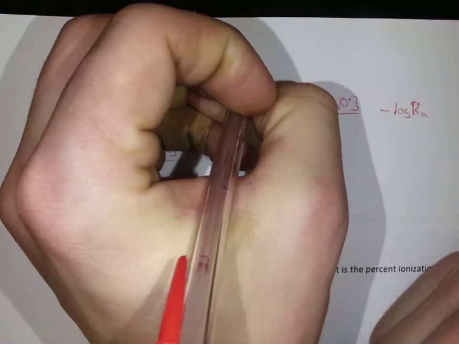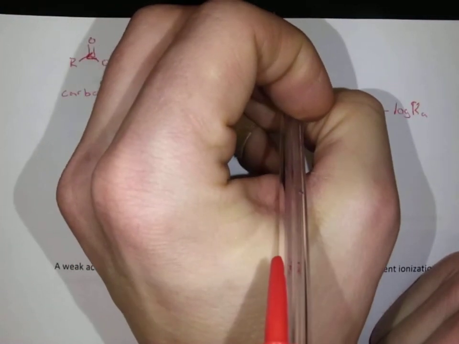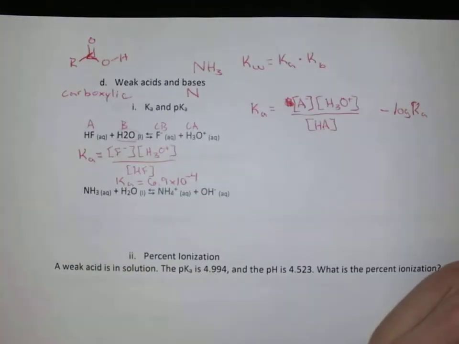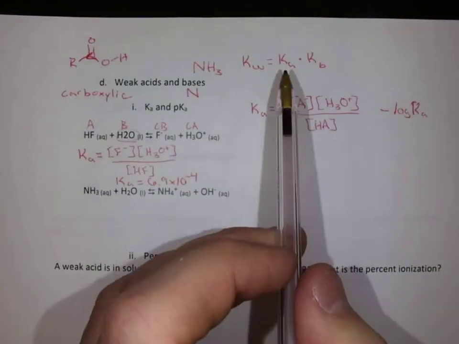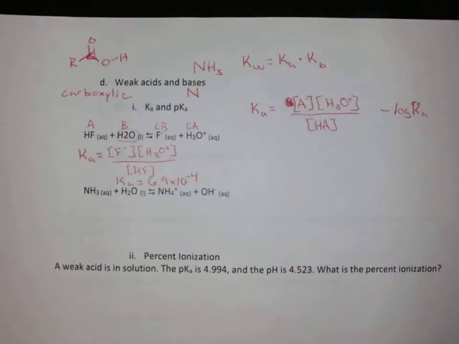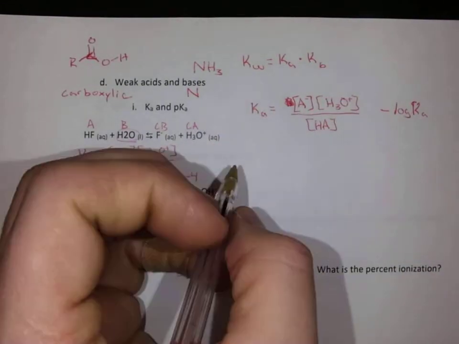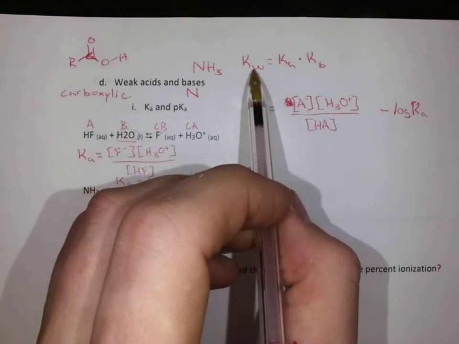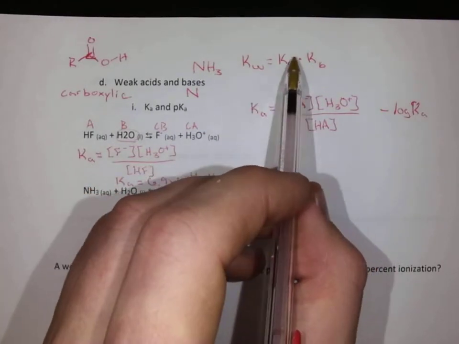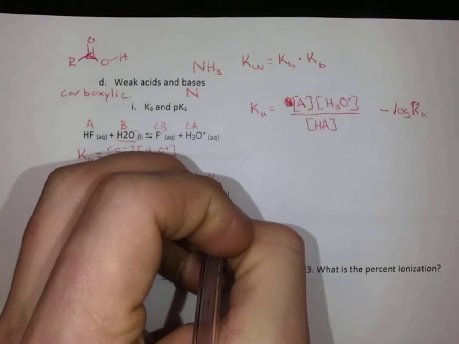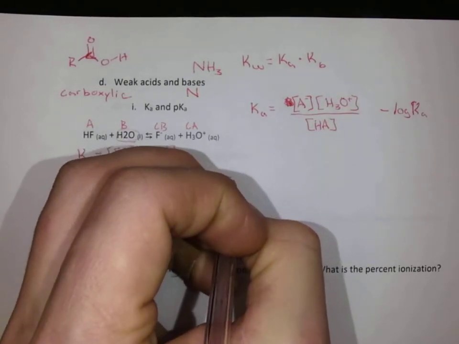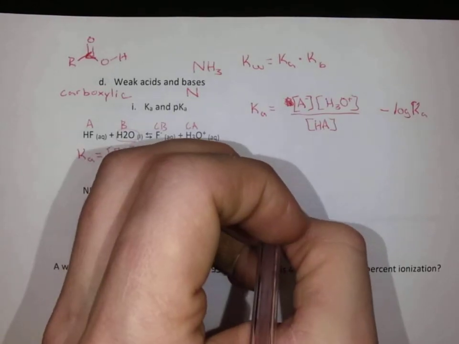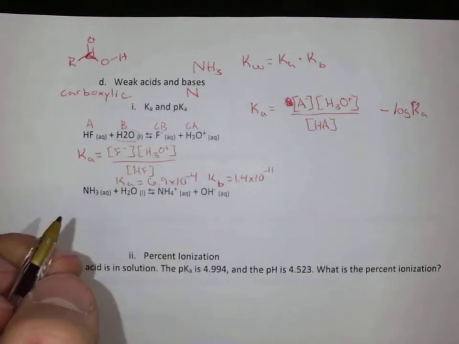So Kw is going to be equal to Ka times Kb, all right? Because we have acids and bases going into water, okay? So for Kb, we know Ka, and Kw is 1 times 10 to the minus 14th. We divide and we're going to get Kb. Kb is equal to 1.4 times 10 to the minus 11th, okay?